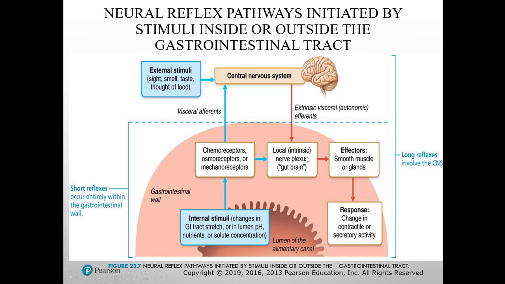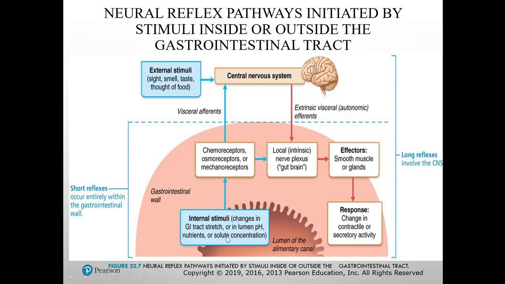It is picked up by a local intrinsic nerve plexuses, which is the series of the gut brain, and then it's delivered to the effectors, which will be your smooth muscles or glands right there in your stomach or intestinal wall. And then there's going to be a response to it, a change in contractile or sensory activity, which means when you are not even putting food in your mouth yet, but because you are thinking about food, you could feel that your stomach is already moving and growling and telling you, hey, you're hungry, right?